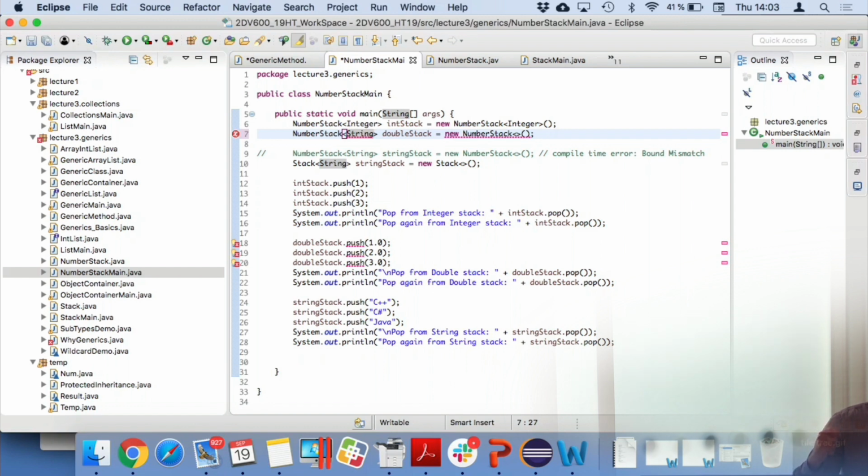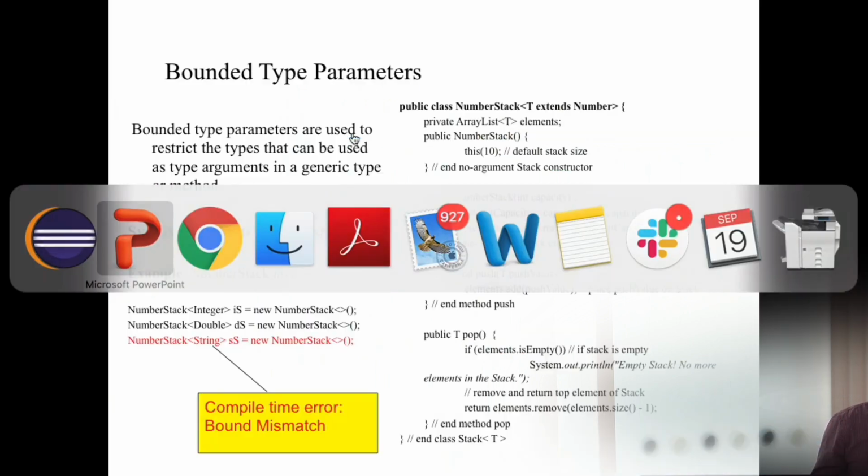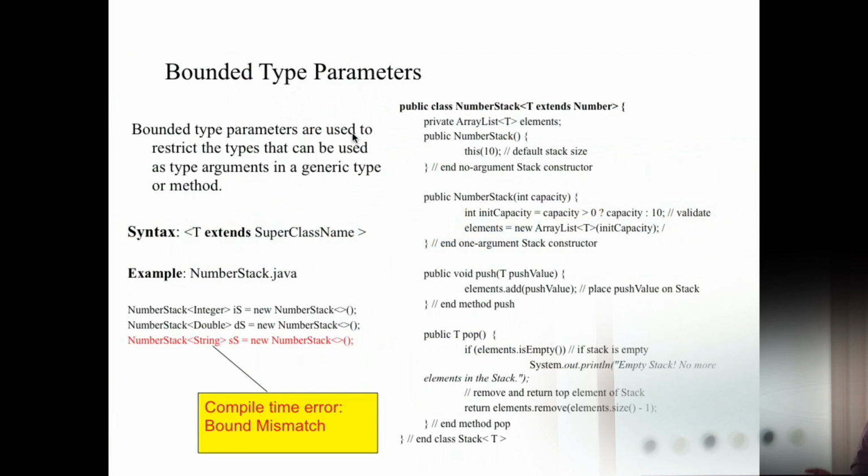The type parameter must be of type Number or a subclass of it, and String is not a subtype of Number. Okay, you got it? So you can restrict what types can be used with the generic types.